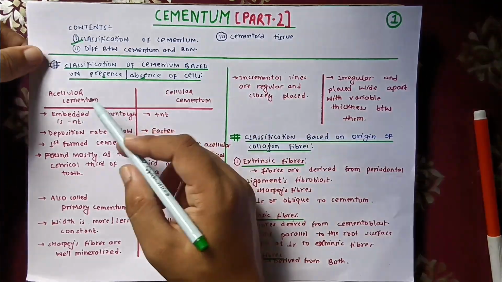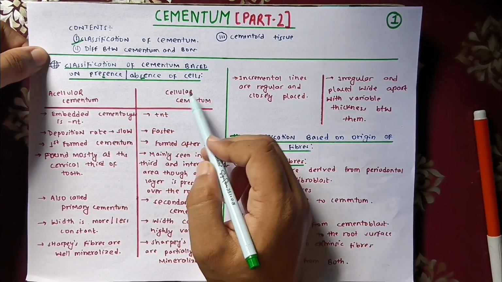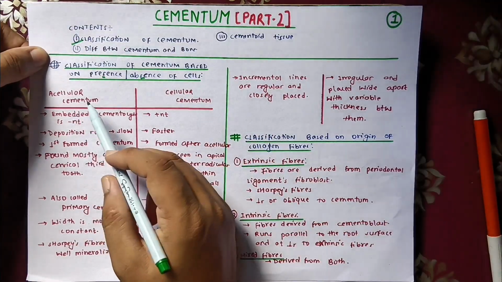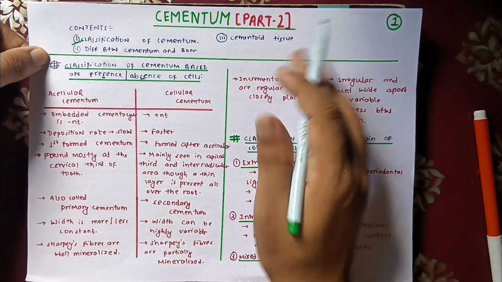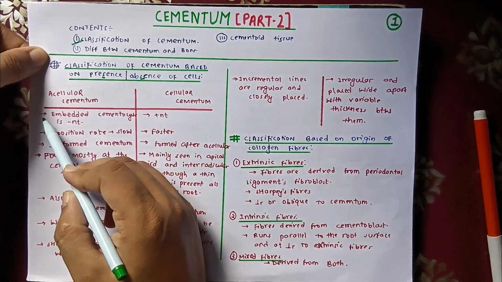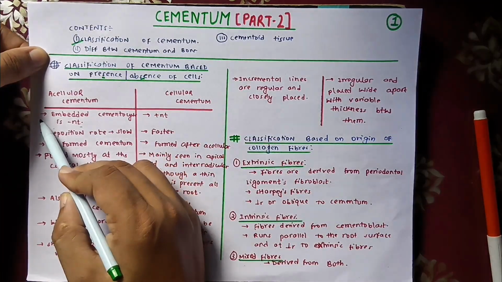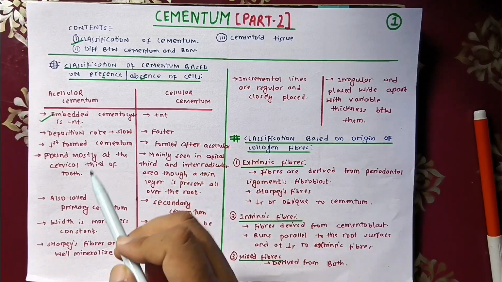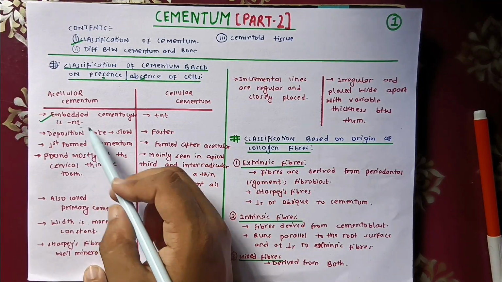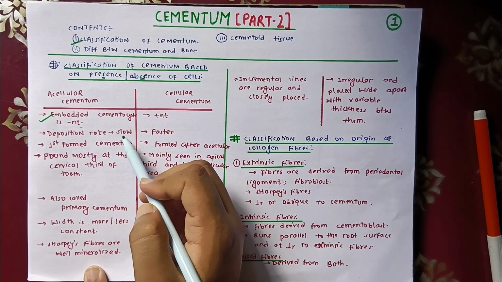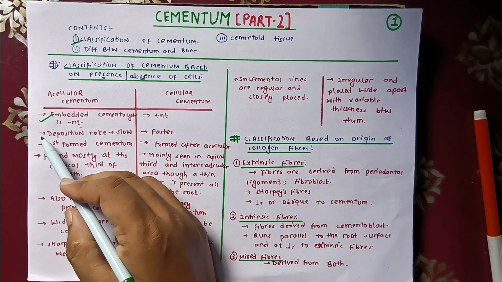Now, in acellular cementum and cellular cementum, acellular means there is no presence of the cementocyte, and cellular means there is presence of the cementocyte. Next, the deposition rate: in acellular cementum it is slow, and in cellular cementum it is faster.